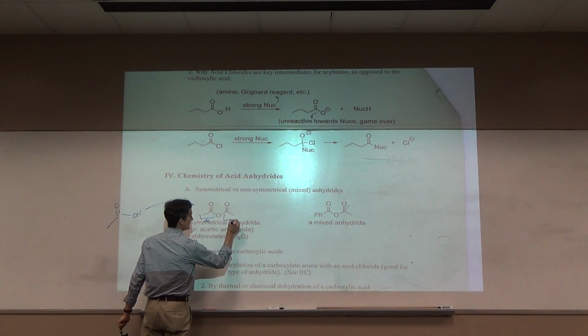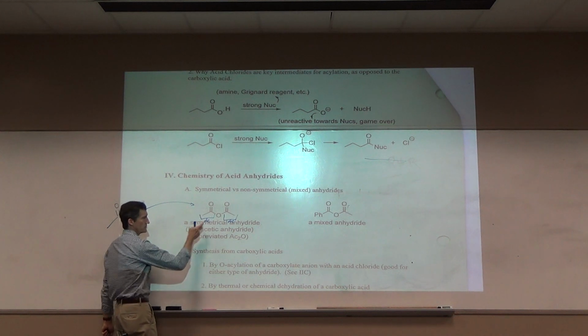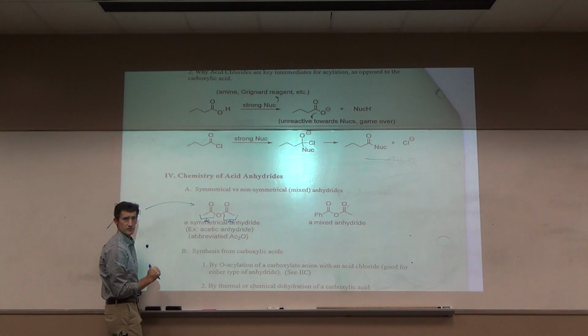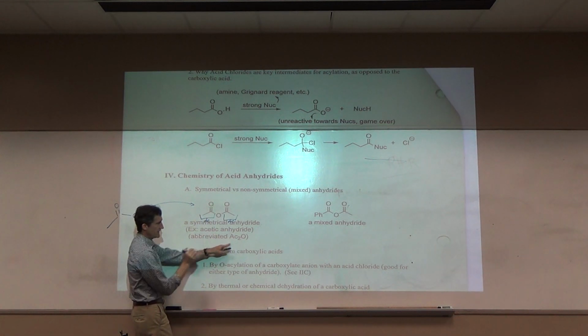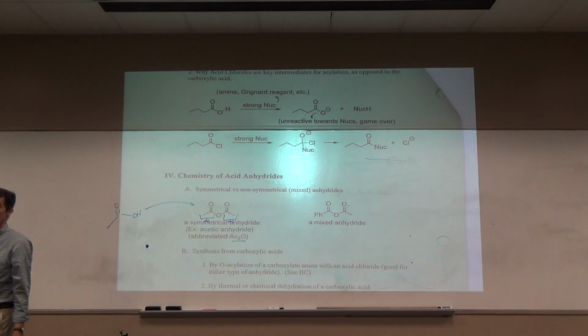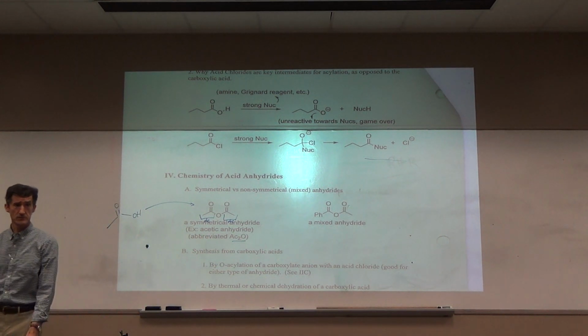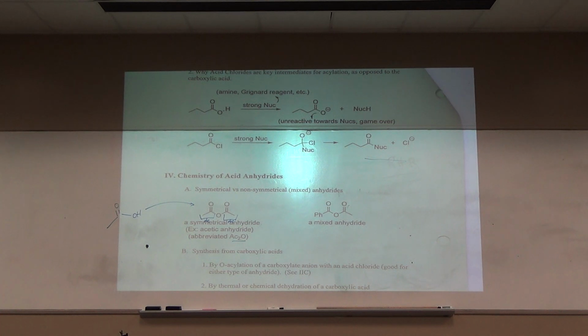So you've got in the molecule 2 acyl groups bonded to an oxygen. And so this can be shown like this, 2 acyl groups on an oxygen. That's a common abbreviation. And this is called acetic anhydride. This is the one I said is sold on the black market, because you react morphine with acetic anhydride, you get heroin. Okay?